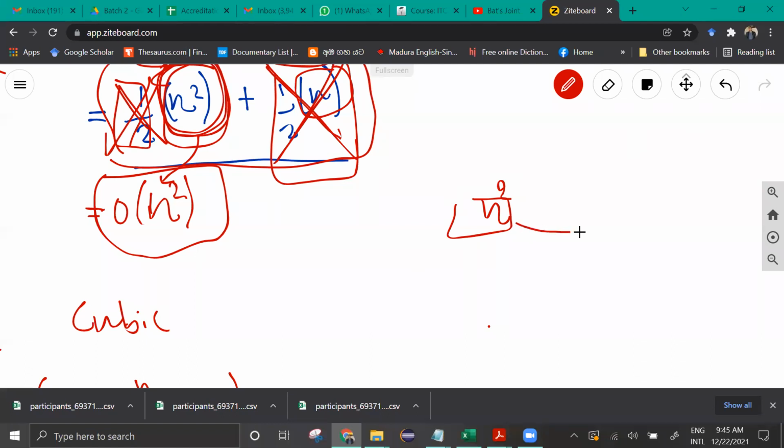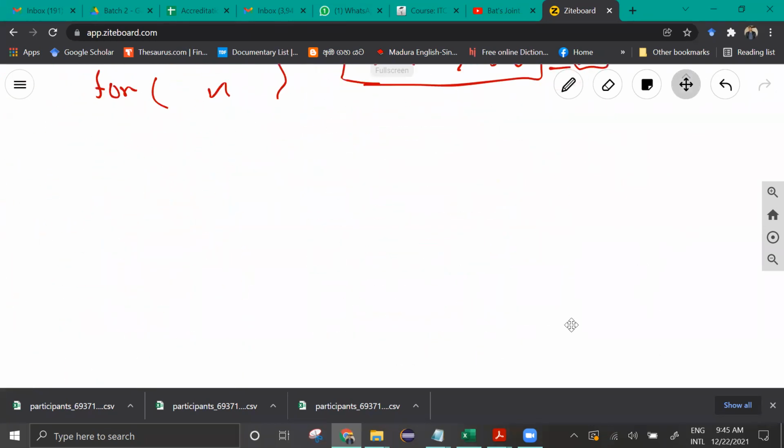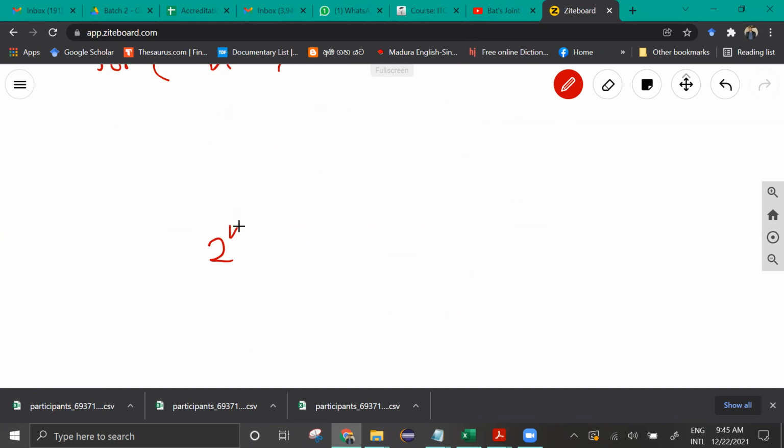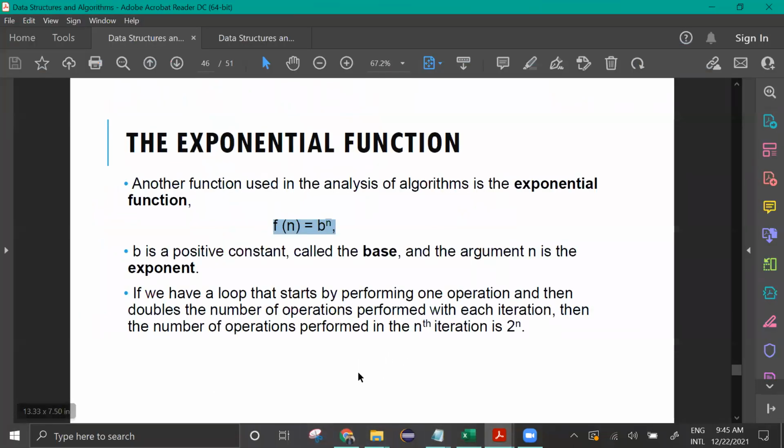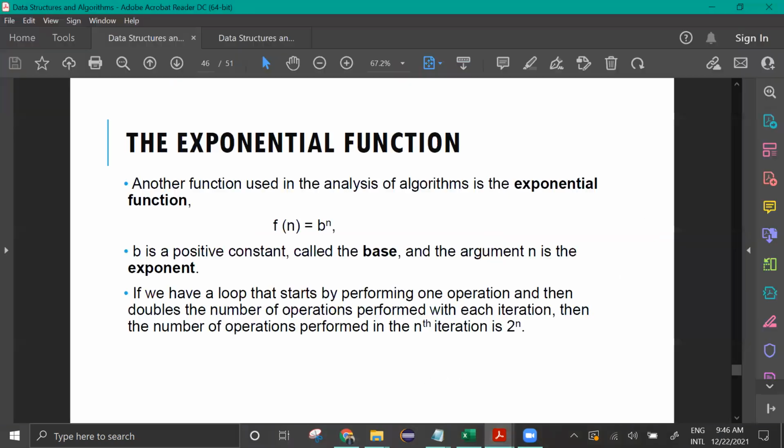But in exponential, n goes up here. 2 to the power n. It could be 2 or 3 or any base value here. 2 to the power n, 3 to the power n, 10 to the power n. Exponential.